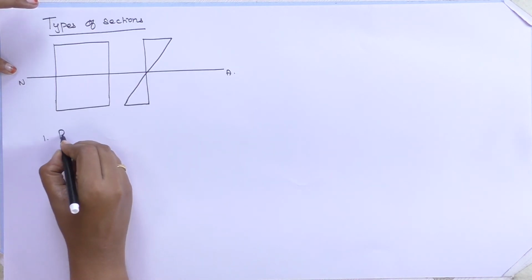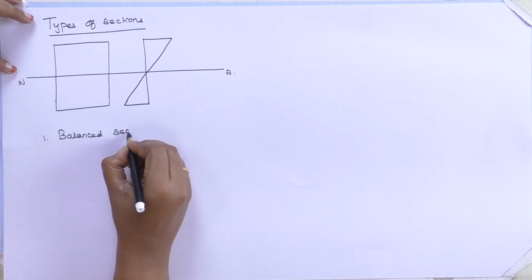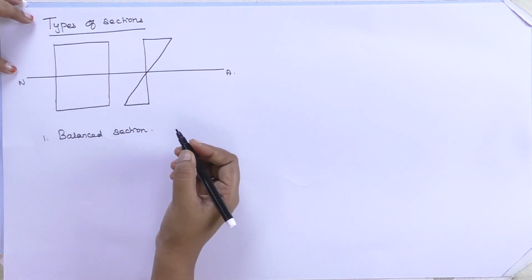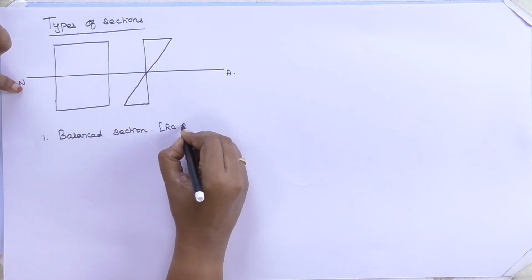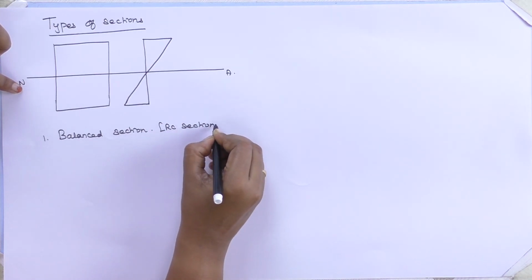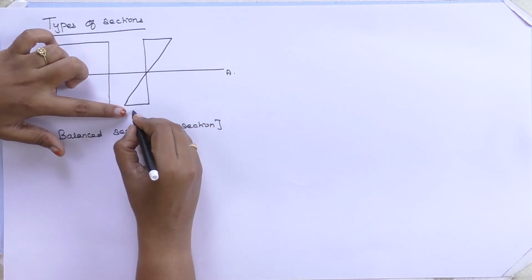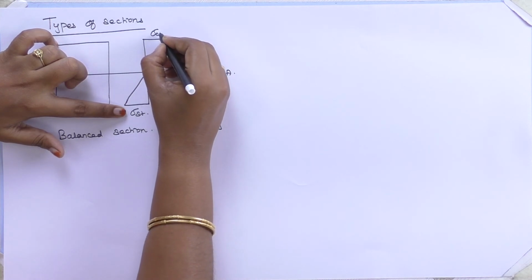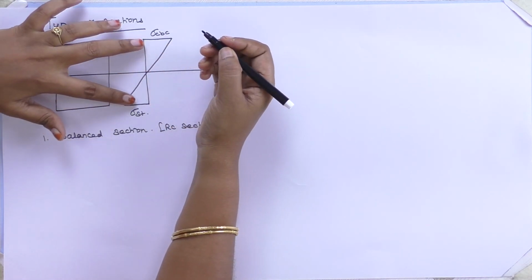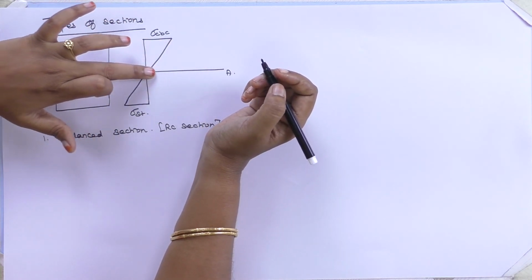First one, balanced section. Balanced section is that for RC section, when the allowable stress in steel and the allowable stress in concrete are reached at the same time, it gives you the optimal section of your neutral axis.